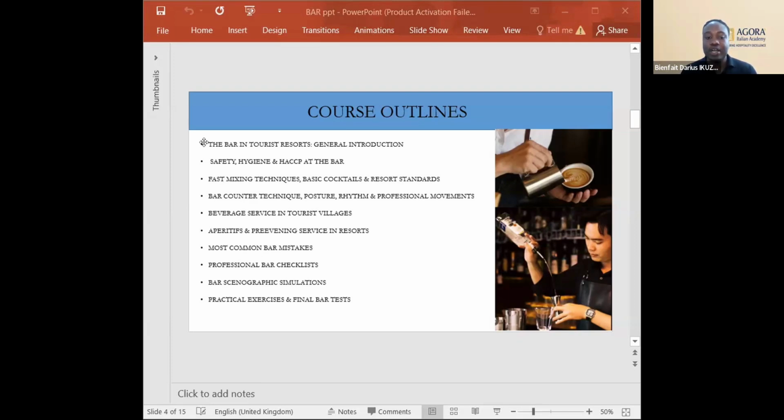Then we see the professional bar checklist. There is a checklist that we have to fill, and we see how to fill it step by step. And then we'll end with scenographic simulation and practical exercises. We will see the problems we deal with and how we manage to step out of them in a better way.